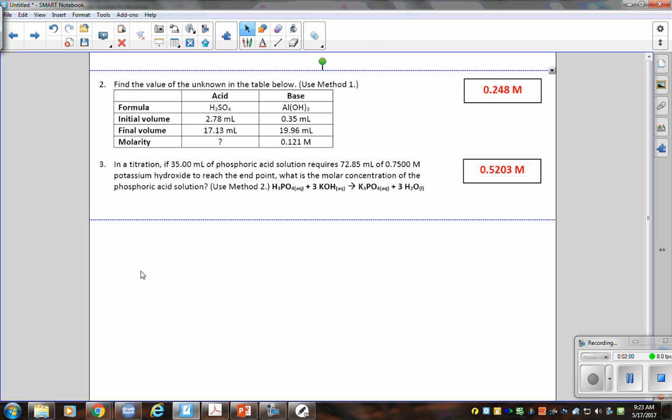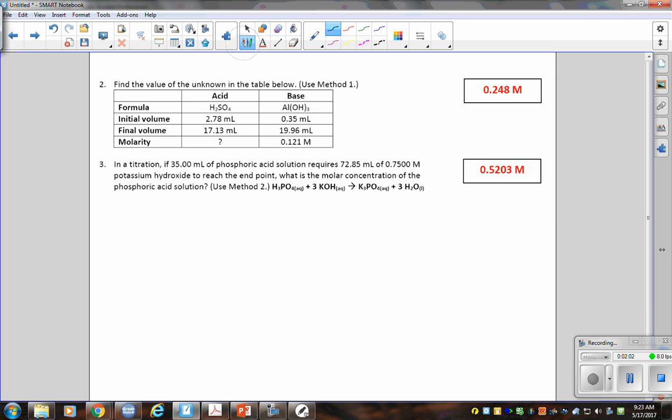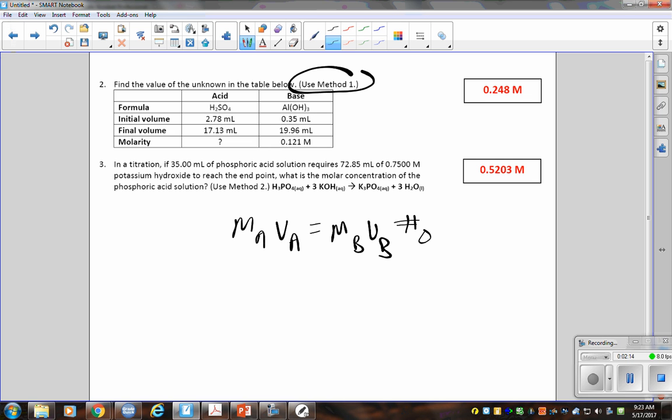Same idea. It's the exact same thing. It's method 1. So I'm going to go MAVA is equal to MBVB, number of OH minuses, number of H pluses.